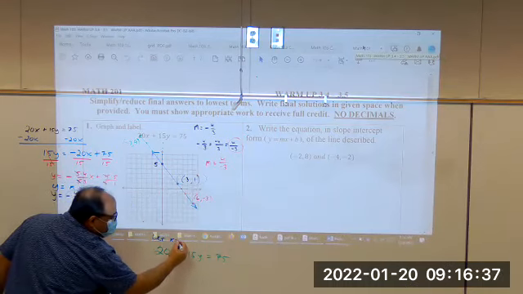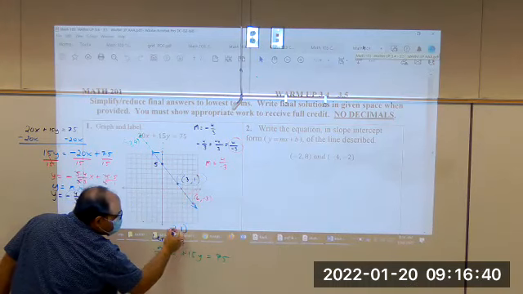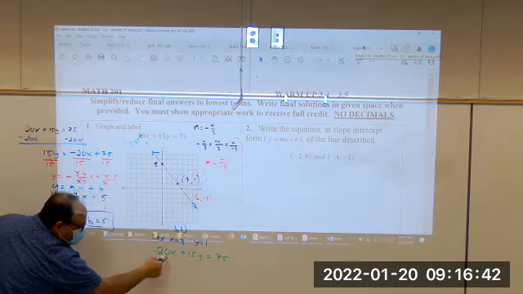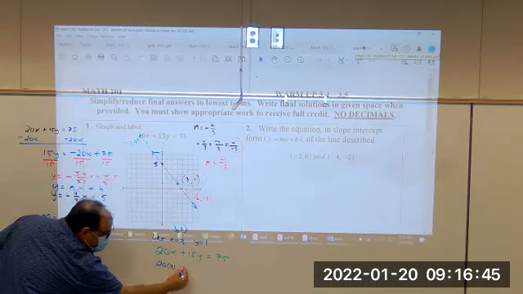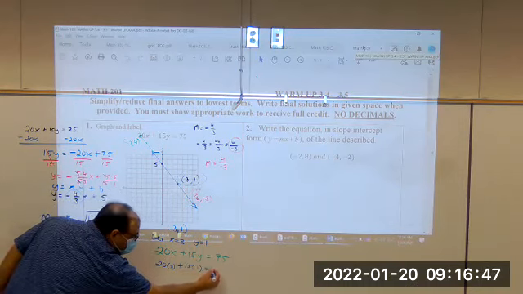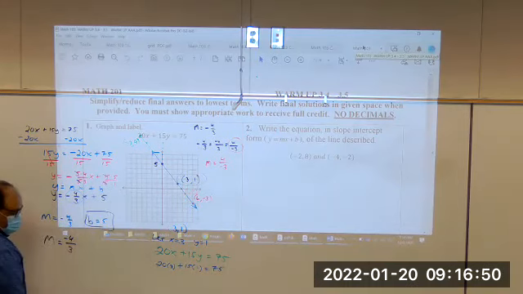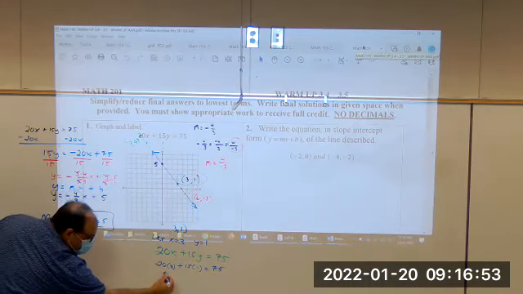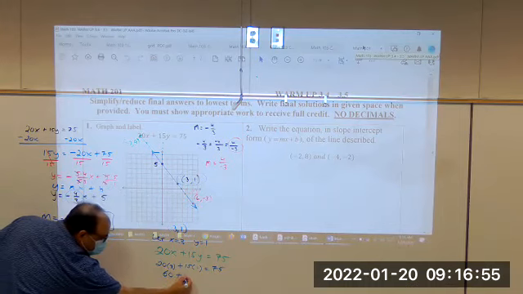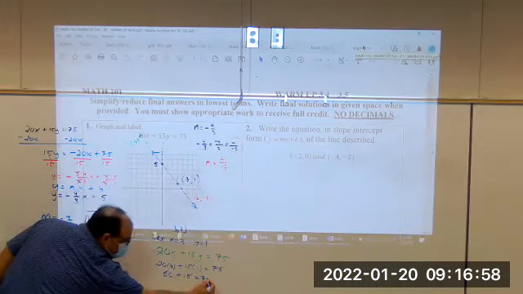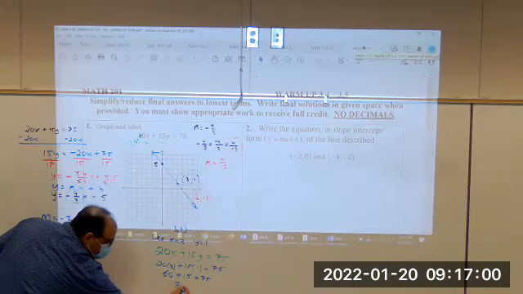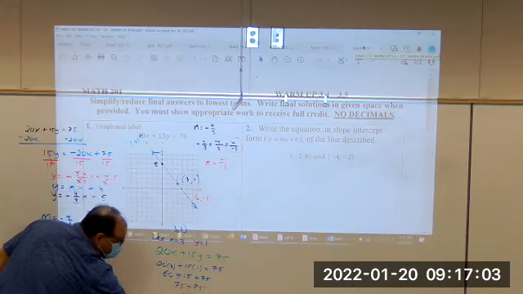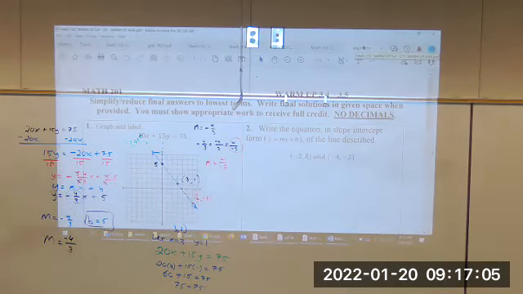If I let x equal 3 and y equal 1, 20 times 3 plus 15 times 1 is supposed to make the equation work. 20 times 3 is 60, 15 times 1 is 15. 60 plus 15, I get 75 equals 75. That's what it means to be a point on the line. It solves the equation. Every ordered pair that's on that line makes that equation work.